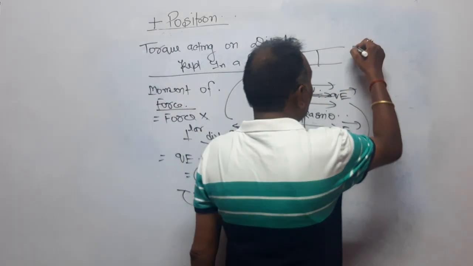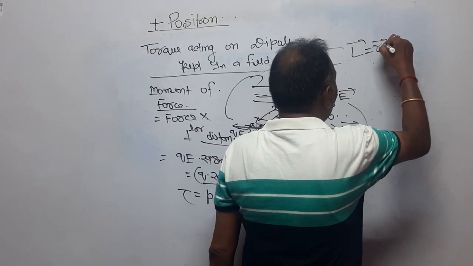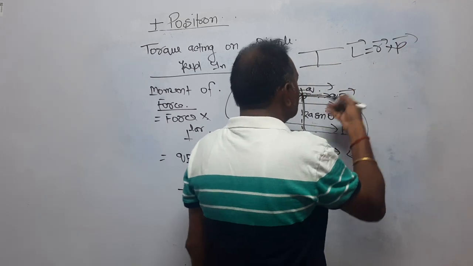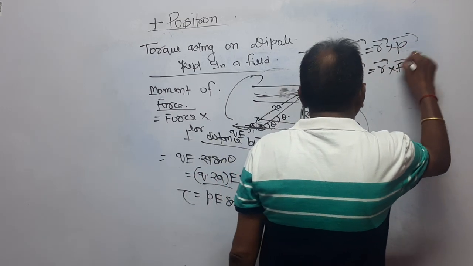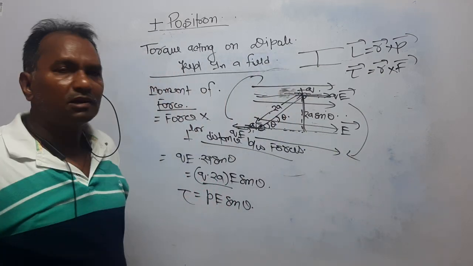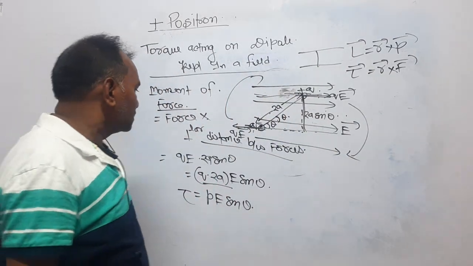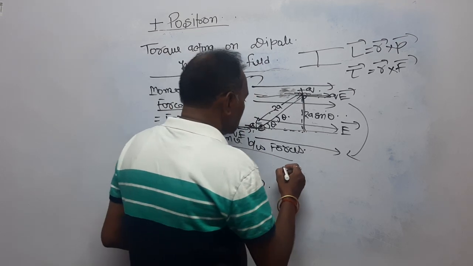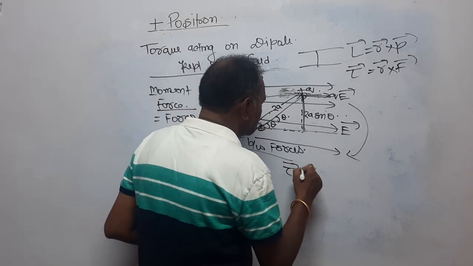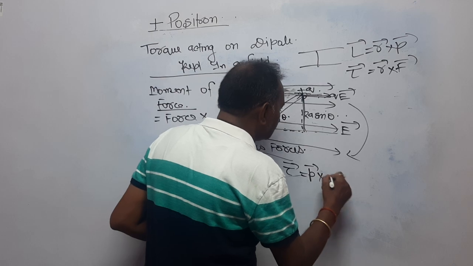Like angular momentum is the moment of momentum, r cross p. In a similar way, torque is the moment of the force, r cross F. Now, dear students, we have got tau is equal to pE sine theta. Now, we might write like this. Tau in vector form is tau equals p cross E.